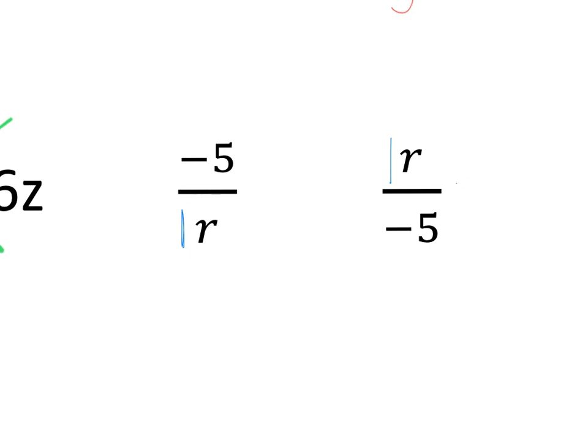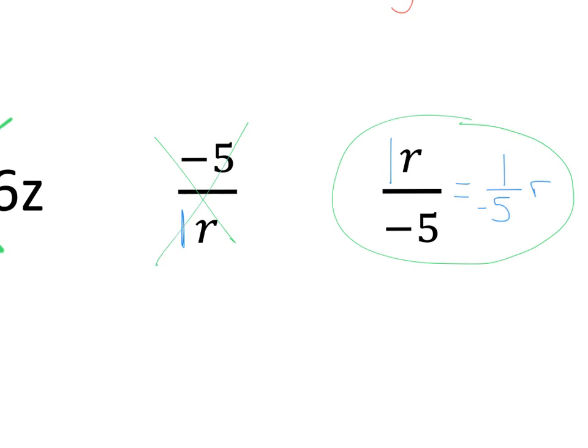We've talked in class that r divided by -5 is the same as -1/5 and r off to the side, and that's okay. Having the variable on the bottom is a big no-no. This is actually saying -5 divided by r. You cannot do that. While r divided by -5, we can rewrite as a number times a variable. So when I'm circling, this one would work, but this one is out because you cannot divide by a variable. You might want to make a note of that if you need to.